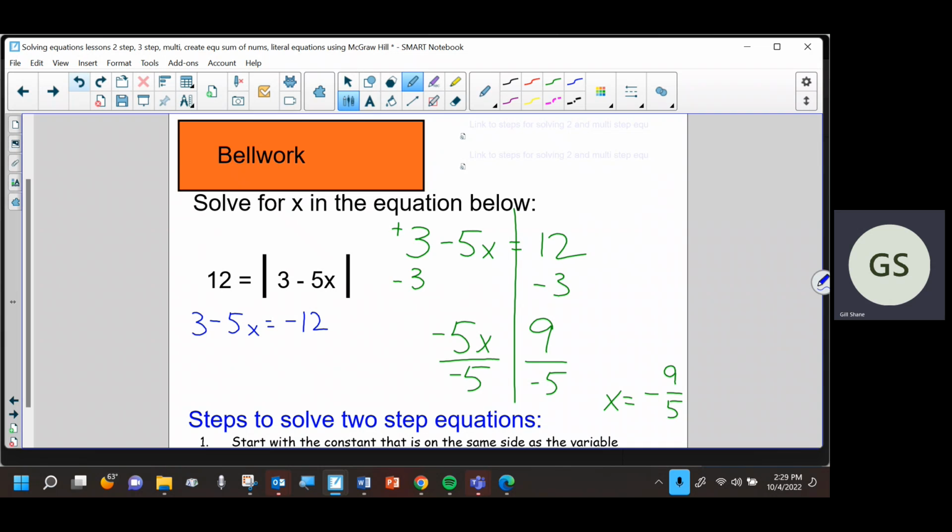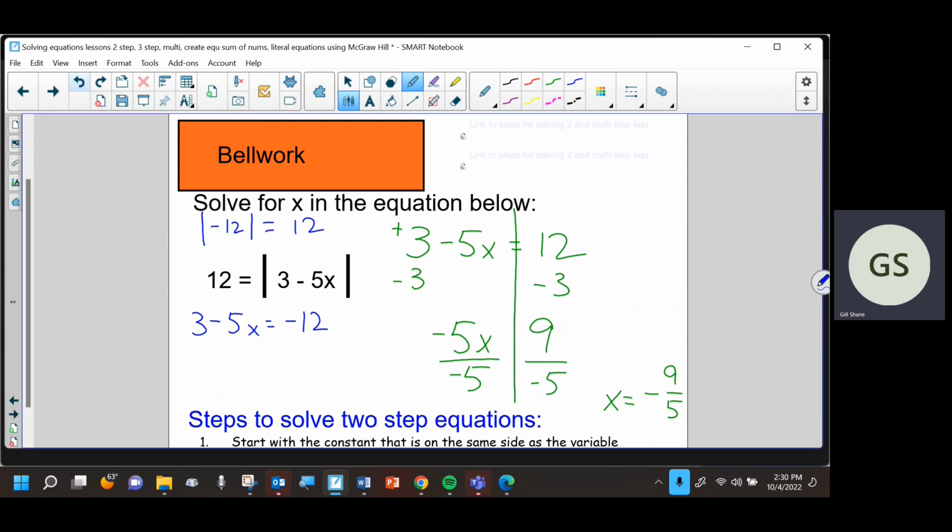Because we said if negative 12 was in those brackets, it is also 12 away from 0. So negative 12 in these brackets actually equals 12 because it's telling you the distance is 12, which would mean this right side in the brackets would equal the left side, which is 12.